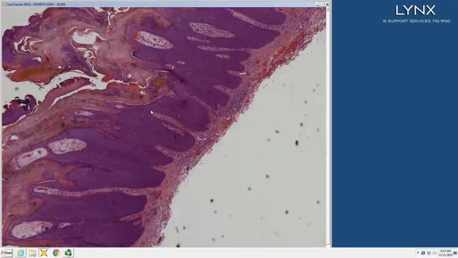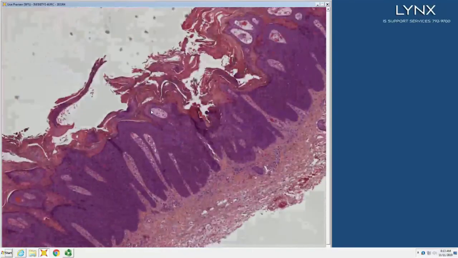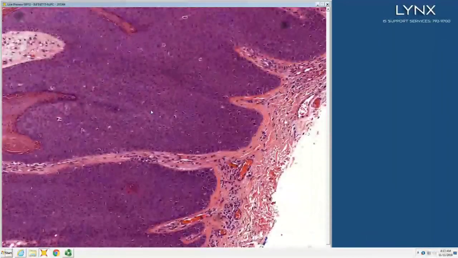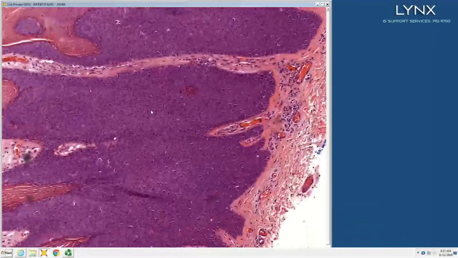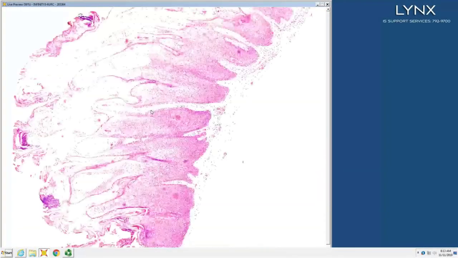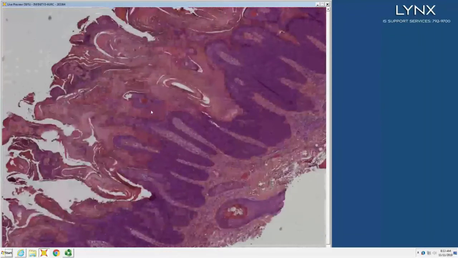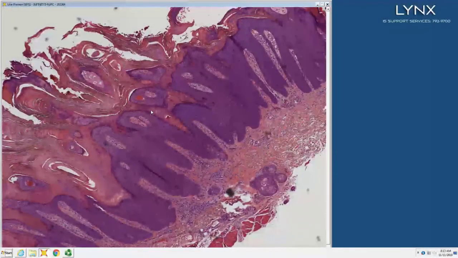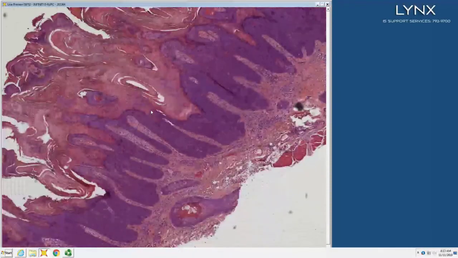So this is a verrucous lesion. There's acanthosis, there's hyperkeratosis. What do you think about maturation of the epidermis? I don't think it's maturing very well. Exactly. Very large cells at the top, so Bowen's.